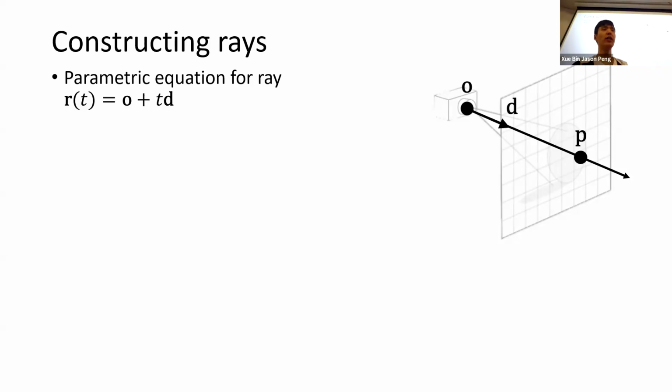This parametric equation can be constructed using the origin of the ray, which is the position of our camera O, and then adding t multiplied by the direction vector of the ray D. D is a unit vector that points along the direction that the ray is traveling in. So if we travel t units along the ray, this corresponds to multiplying the direction by distance t, and then adding that to the origin of the ray. That would then give you a point along the ray that is t units away from the origin.